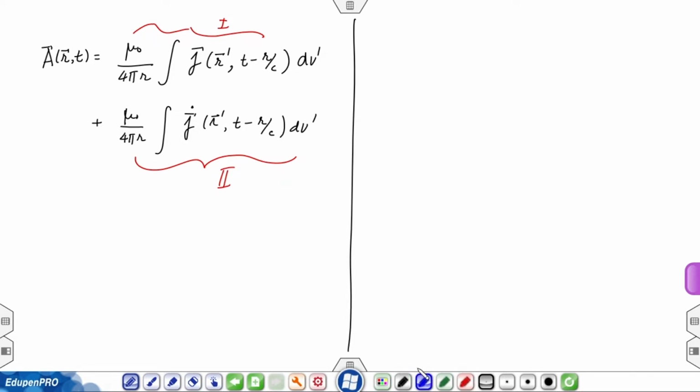So, term number 1: mu 0 over 4 pi r integration j r prime at t minus r over c dv prime. This kind of integral you have come across earlier when we were doing magnetostatics. Recall such an integral from your magnetostatics lectures.